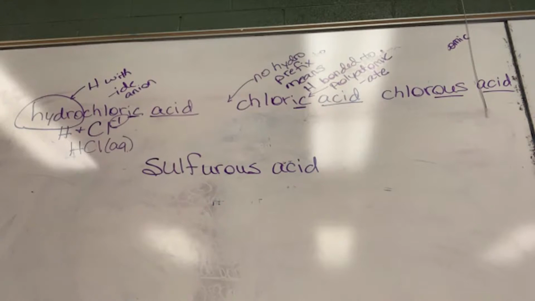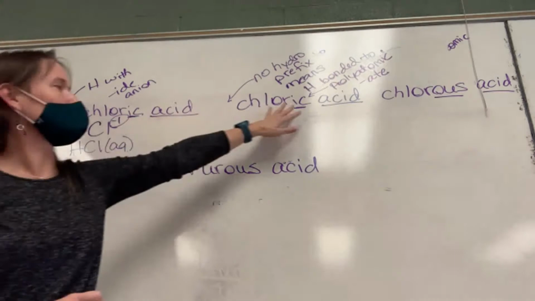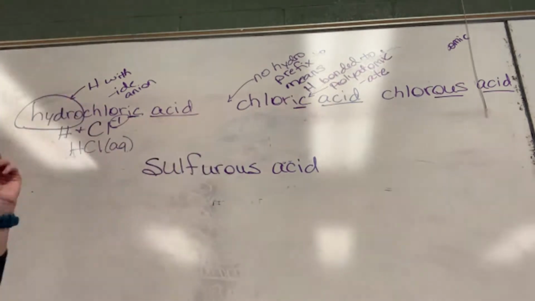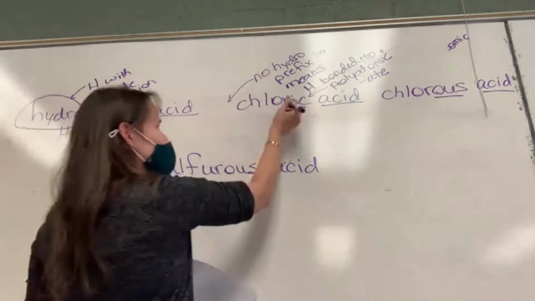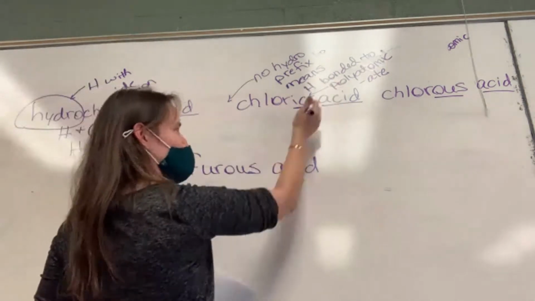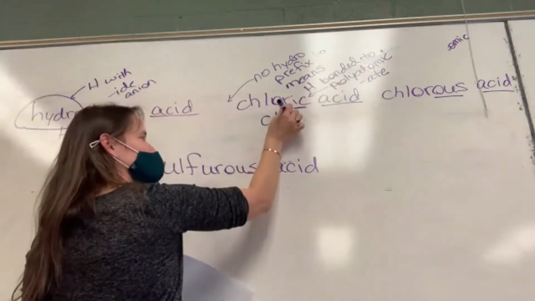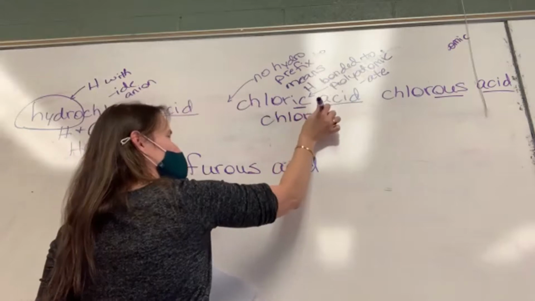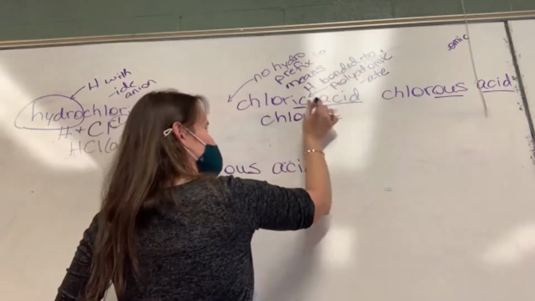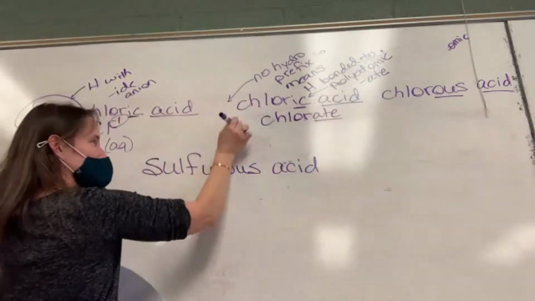They all have hydrogen. So having no hydro prefix doesn't mean there's no hydrogen. If it immediately starts with chloro, bromo, iodo, it means that it's a polyatomic ion that hydrogen is bonded to. And so this ic is really the polyatomic ate, which is chlorate. And hydrogen is bonded to that.